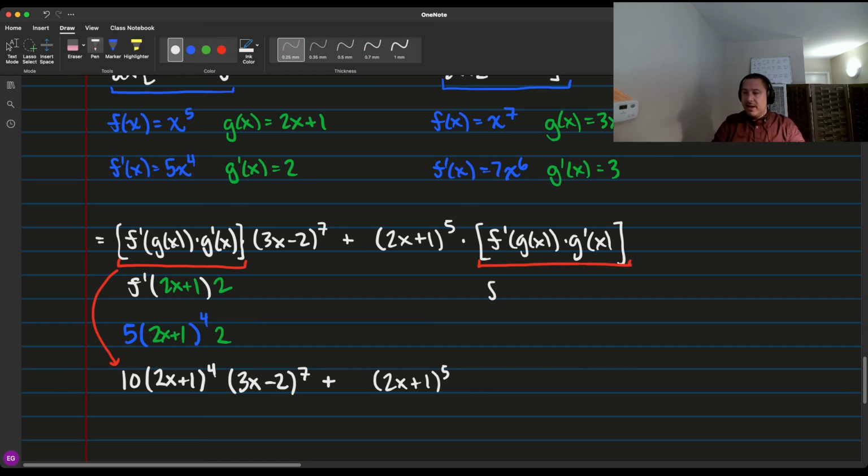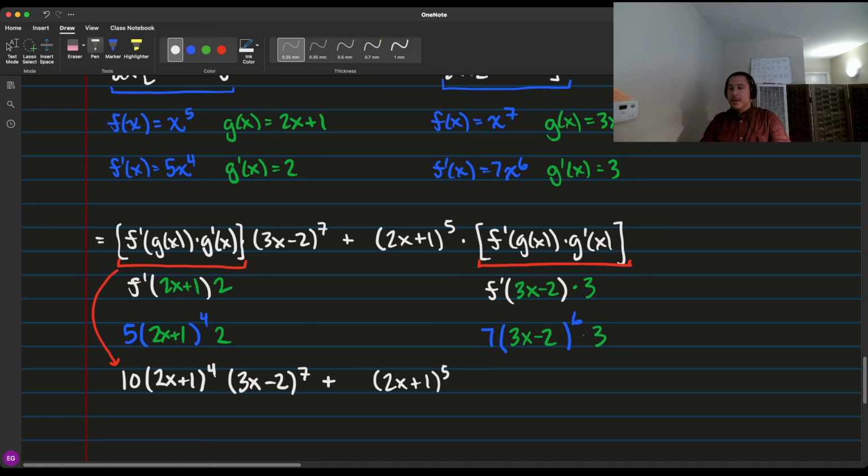So we're going to have f prime of g of x, where g of x for that part is 3x minus 2. And then we're going to multiply that by g prime, which is 3. Now f prime in this case is 7x to the 6th. So we're going to do 7 times that stuff raised to the 6th power. Well, the stuff that we're raising to the 6th power is 3x minus 2, and that's going to be multiplied by 3.